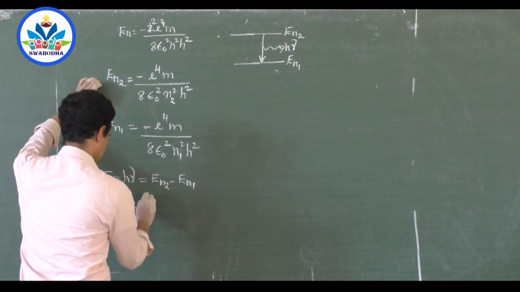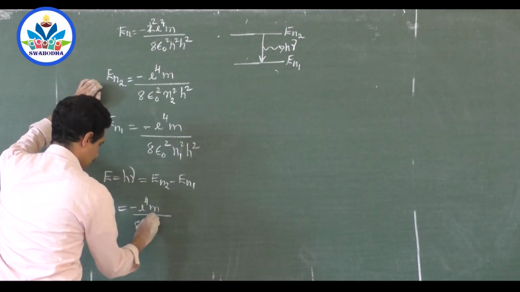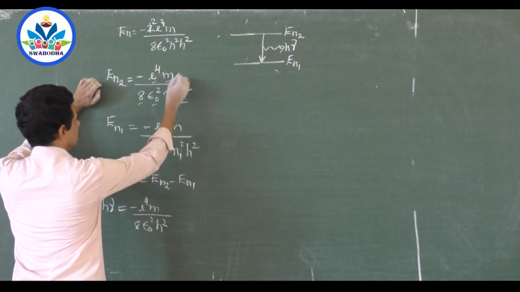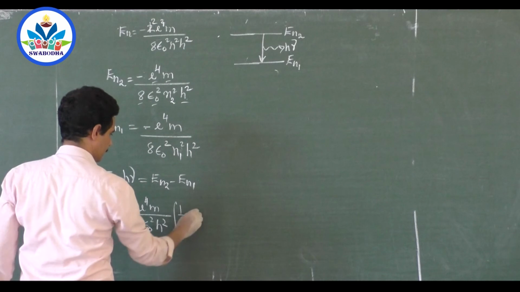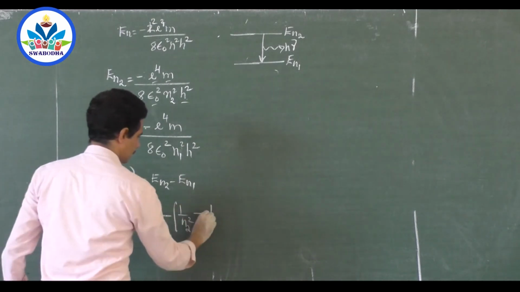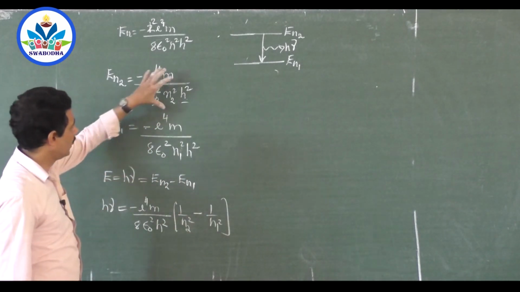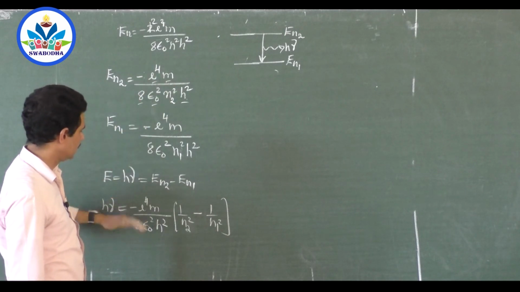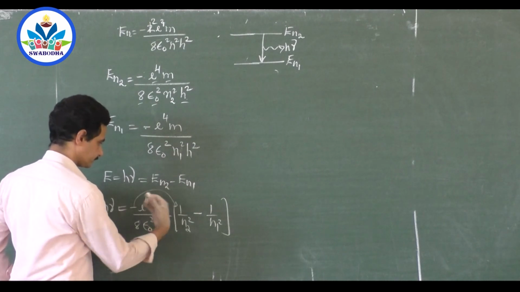Okay, minus, I'll write e to the power 4 m divided by 8 epsilon naught square h square, over 1 by n2 square minus 1 by n1 square, with the minus taken outside. Correct? All the common terms, here 1 by n2 square, minus 1 by n1 square. Now take this minus inside.